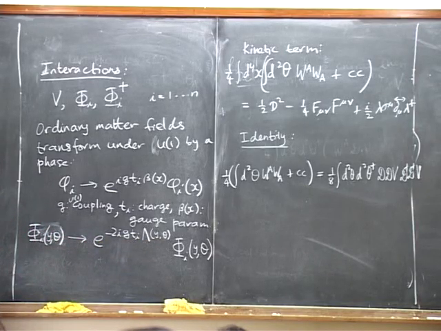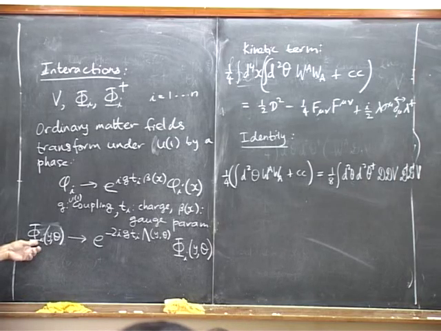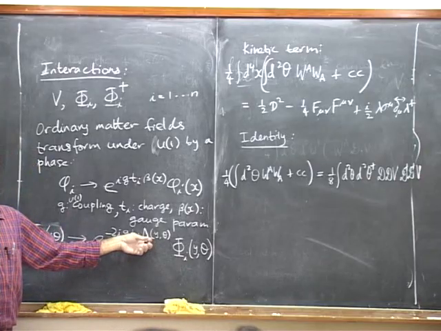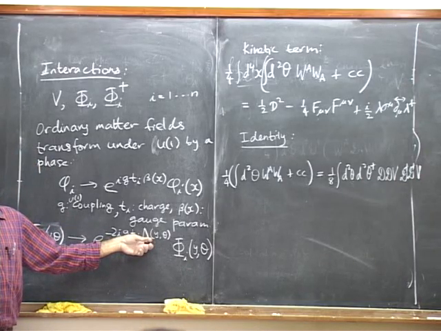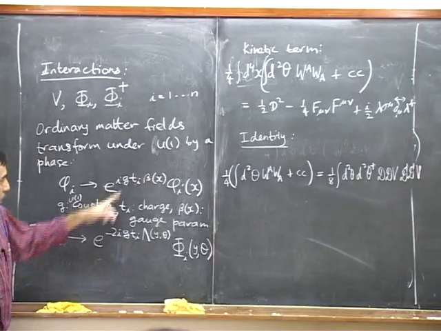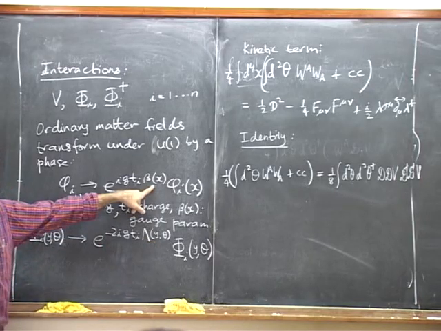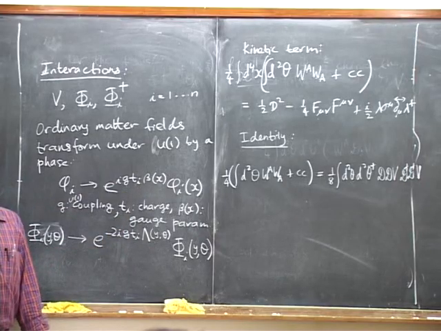Okay, that's one observation. The second observation is that if I restrict phi to its lowest component, and this lambda to its lowest component, and take that component to be imaginary, then I get the same as this with minus 2 alpha identified with beta. So that works.